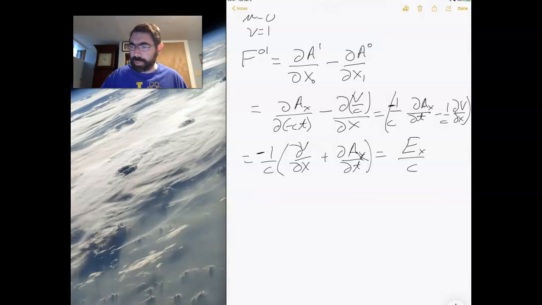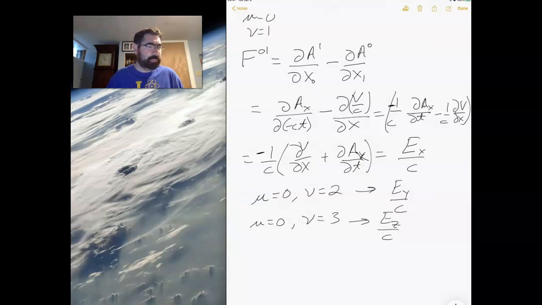And so if you look through them all, mu equals 0, nu equals 2 gives you Ey over c, mu equal to 0, nu equal to 3 gives you Ez over c.